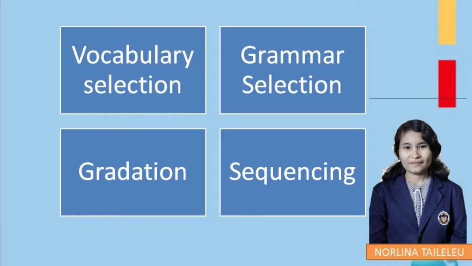Next, gradation. Gradation is a term that refers to the arrangement of language for teaching purposes. Mackey 1967. The specification of the syllabus is based on the term syntactic complexity.